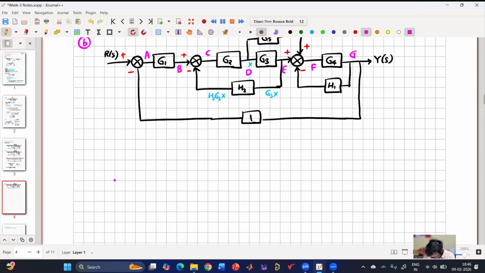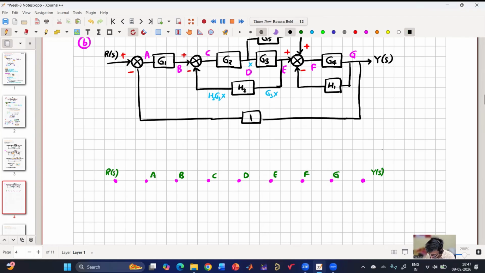So we have R of S, A, B, C, D, E, F, G, and Y. Okay. So let me name those also. So we have R of S, here Y of S, then we have A, B, C, D, E, F, and then G.